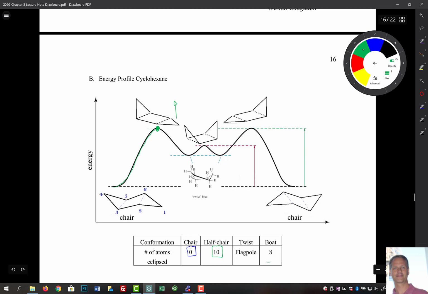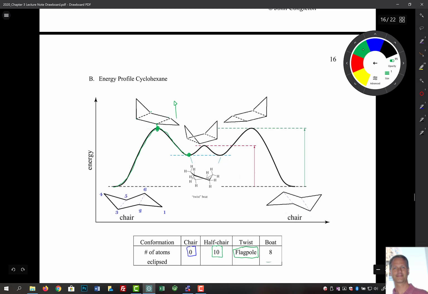Eventually, that'll lead us to the boat, but as that pulls up, we get a natural twist on these positions so that we next hit the twist boat. Now, that twist boat is the situation, remember, where we have no eclipsed H's but flagpole.